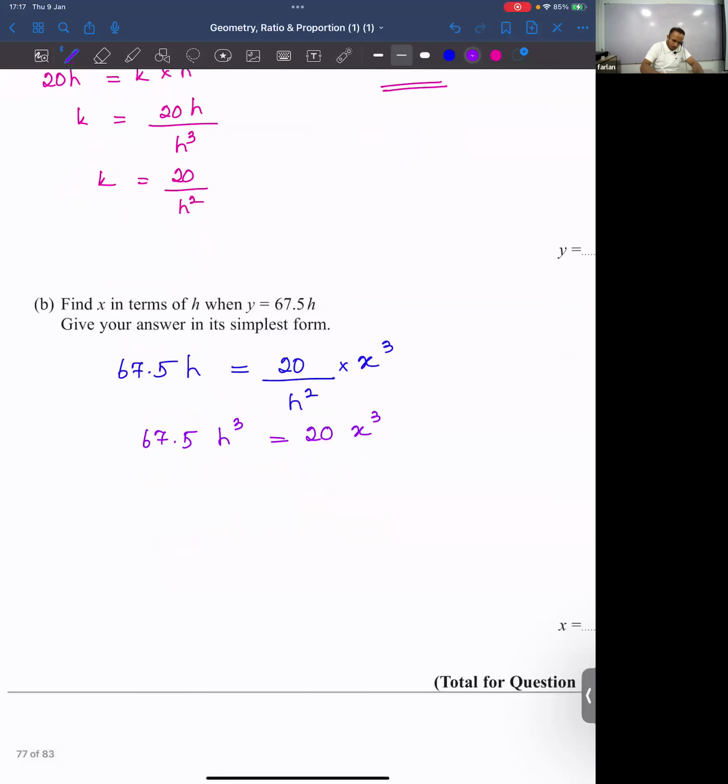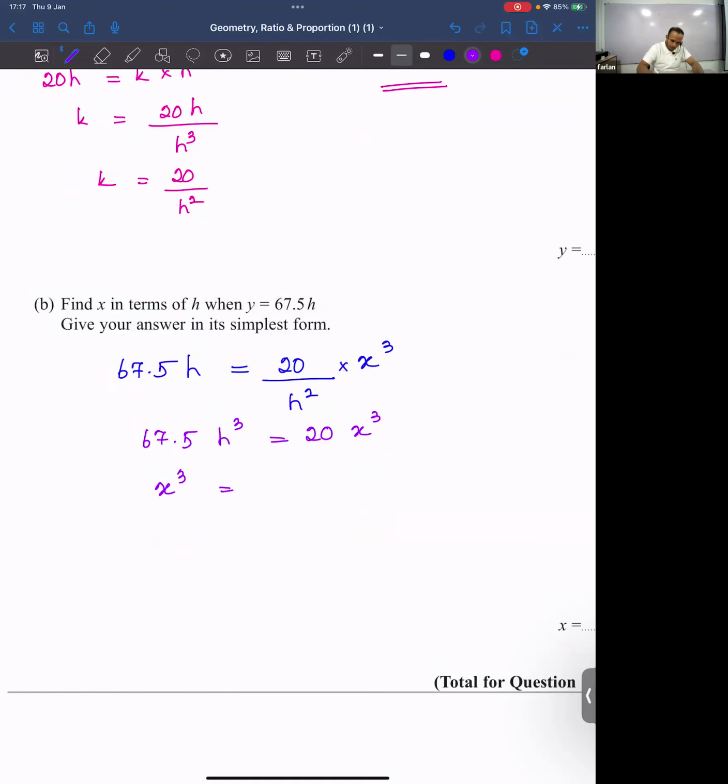If I get the x cube subjected from this, x cube equals 67.5 h cube divided by 20. 67.5 divided by 20 is 3.375. So 3.375 into h cube is equal to x cube.